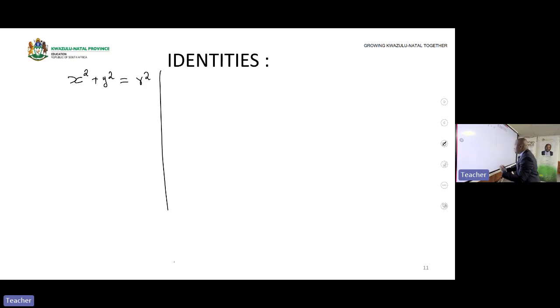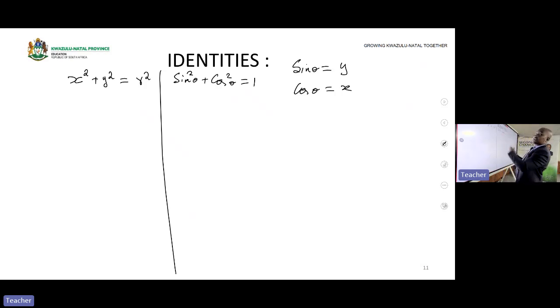But we have just deduced, when we were looking at the trig ratios, that sine of theta is equal to y over r, and cos of theta is equal to x over r. I'm sure we all remember that one. So we have to know that sine squared of theta plus cos squared of theta equals 1. It's just a recall so that when we're applying, we know what it is that we're applying.